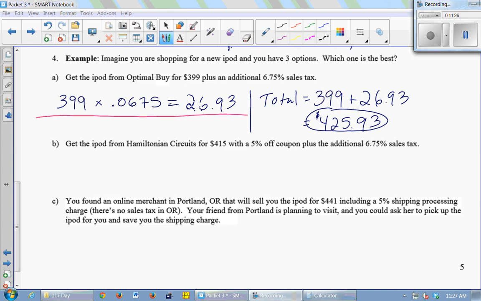So my total is going to be my original price, $399, times, instead of multiplying by 0.0675, what should I multiply so I can do this in 1 step? Same time, ready? 1, 2, 3.